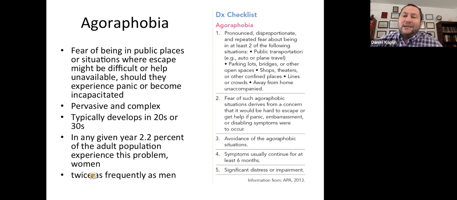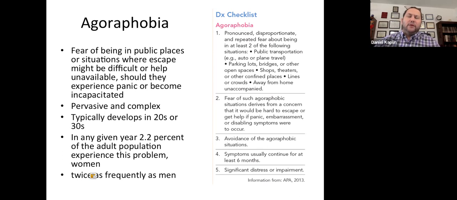But it is possible that a person can become homebound due to extreme agoraphobia. This is also a chronic condition, requiring a minimum of 6 months of symptoms, and it has to cause some level of distress or impairment in functioning.